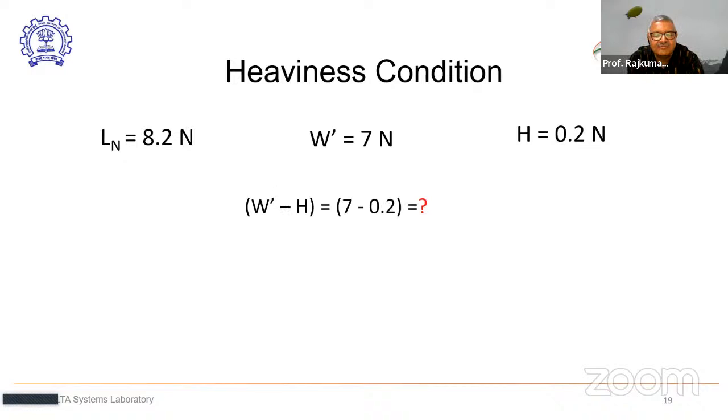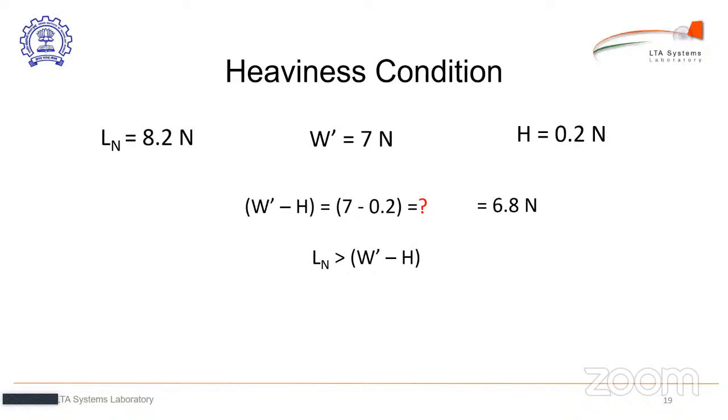What is the value of W dash minus H? It is 6.8. So what we observe is that the net lift of 8.2 newtons is more than W dash minus H, which is 6.8.